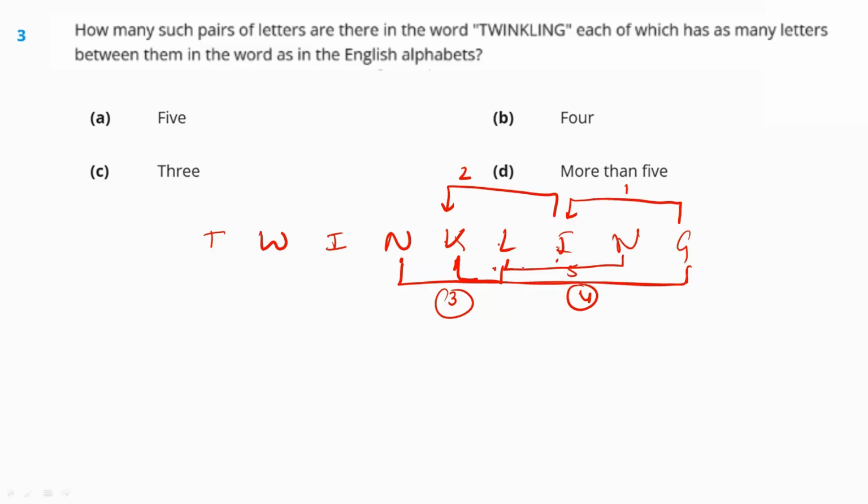So there are actually more than 5 of them. Option number D is our right answer over here.